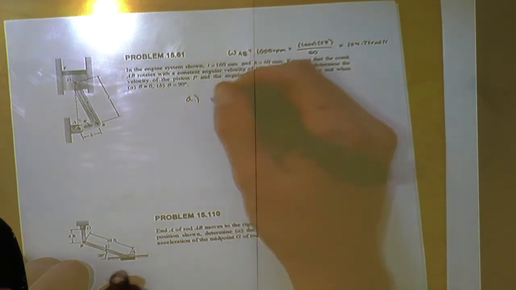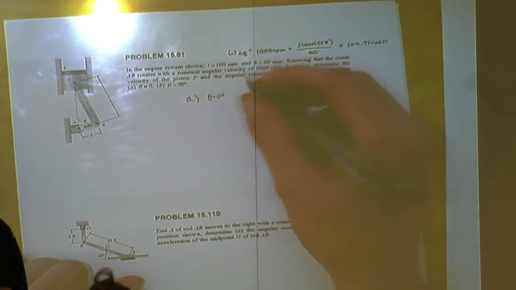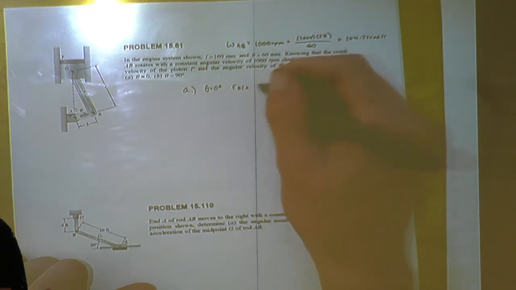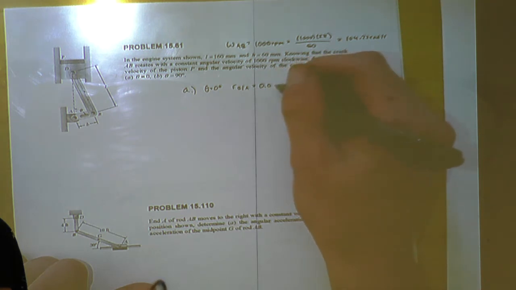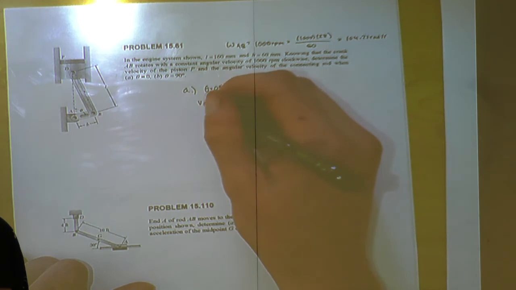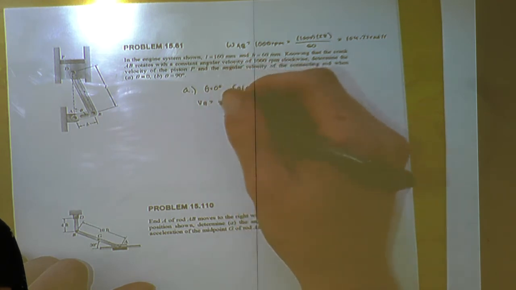So at A, theta is 0 degrees. The position vector of B relative to A is 0.06 meters.